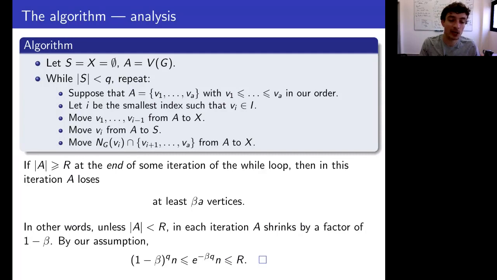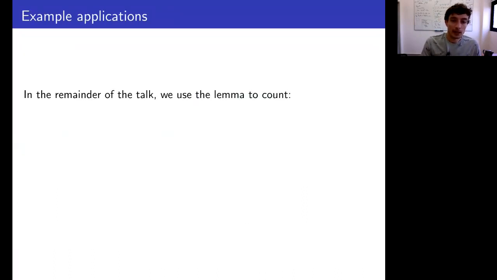So after Q steps, the set shrank by a factor of (1 minus beta) to the Q. Now, this completes the proof of the lemma.